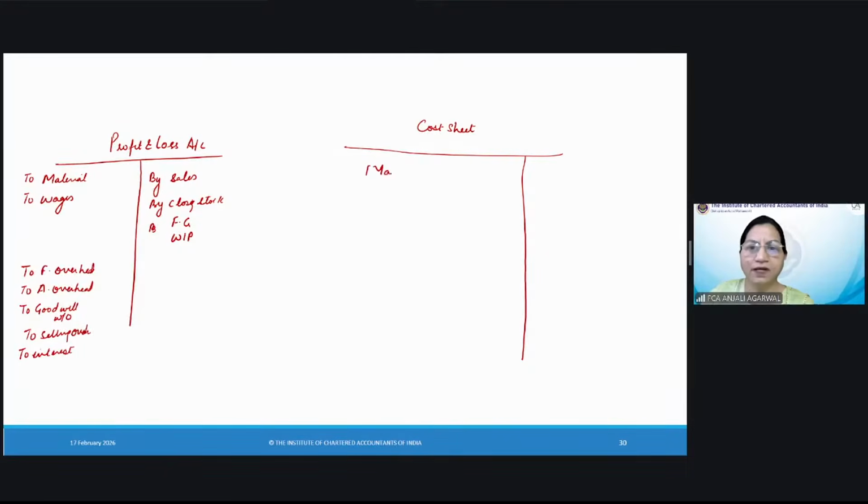Here you will have material and wages. There are no direct expenses, so this will become your prime cost. You will add factory overheads to this.